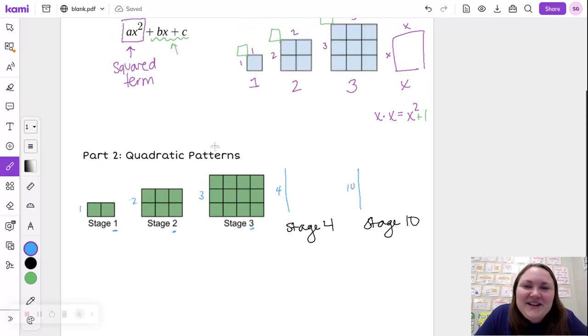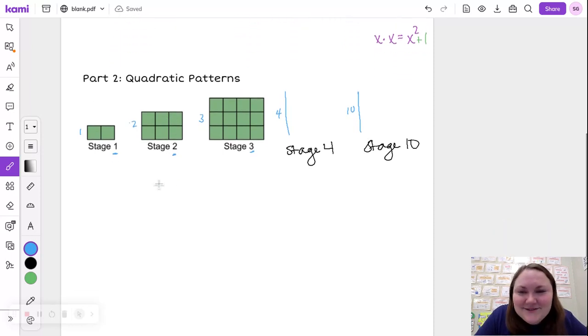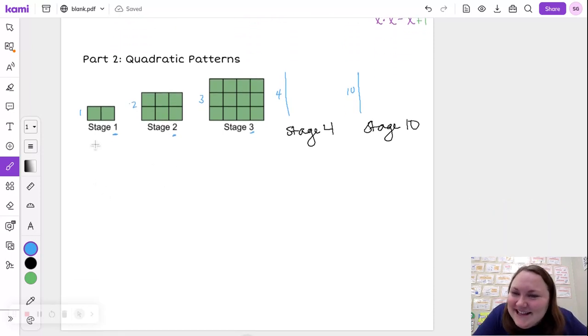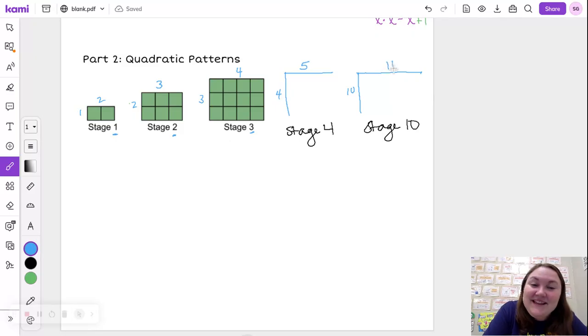Now in yesterday's lesson, we were talking a lot about squares, but here these are not squares, these are rectangles. I'm noticing the length here is 2, the length here is 3, this is 4. So I've got different numbers, but I start to notice a pattern again. Do you know how long this one would be? It's going to be 5. What about this one? That one's going to be 11.